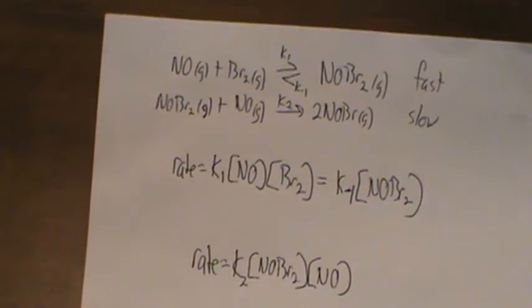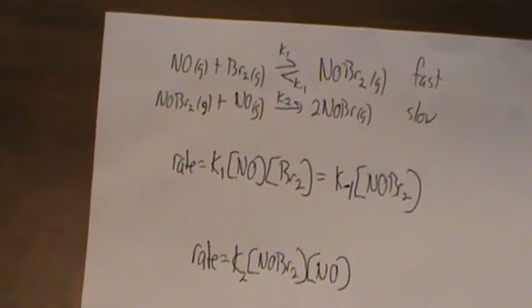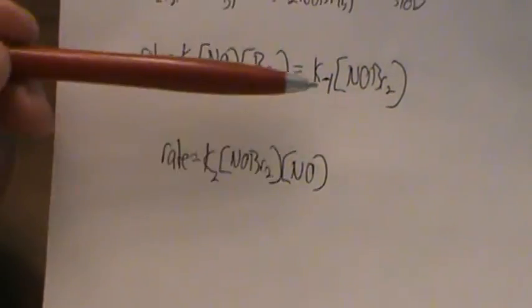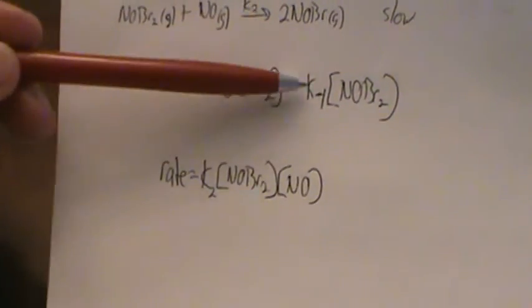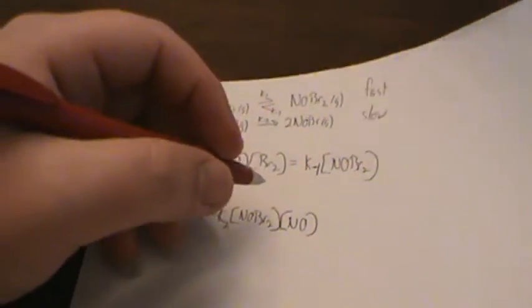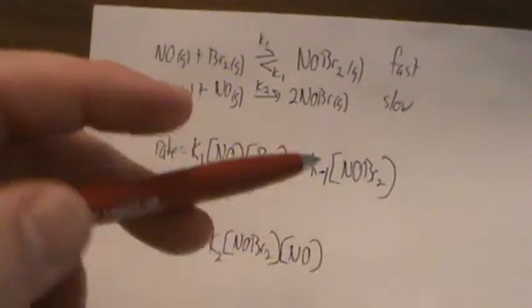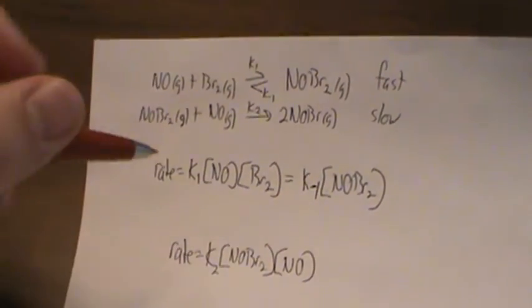We only do this when the slow reaction is the second one, because if we look, we have NOBr2 in both of them. So from the first reaction, we get NOBr2 by itself.